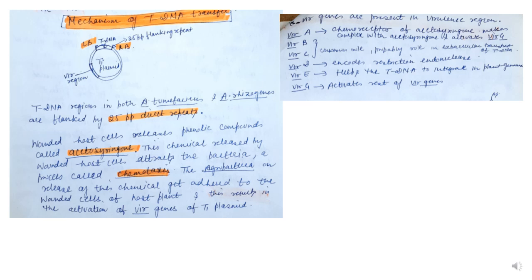VirB and VirC have unknown roles, and they probably have a role in extranuclear transport of tDNA. VirD encodes restriction endonuclease to cut tDNA. VirE helps the tDNA to integrate in the plant genome, and VirG activates the rest of the Vir genes.